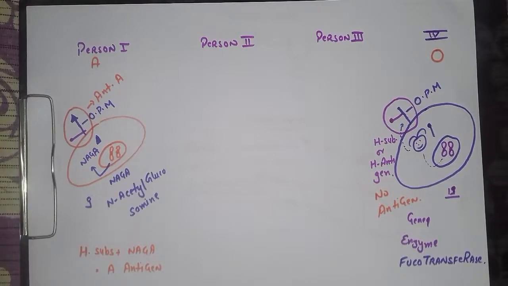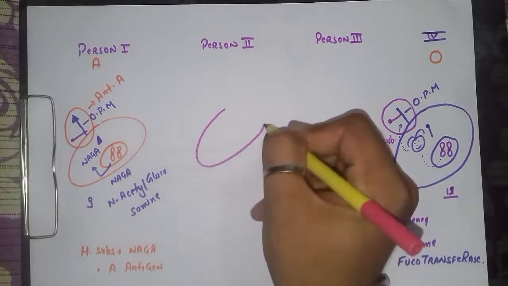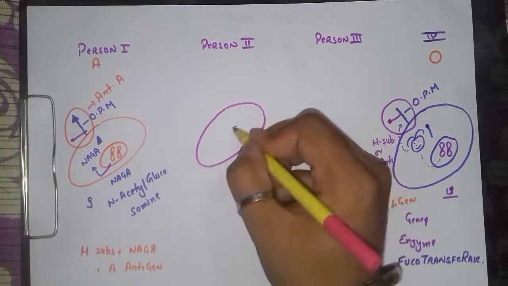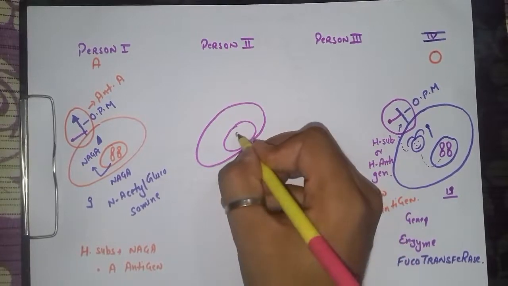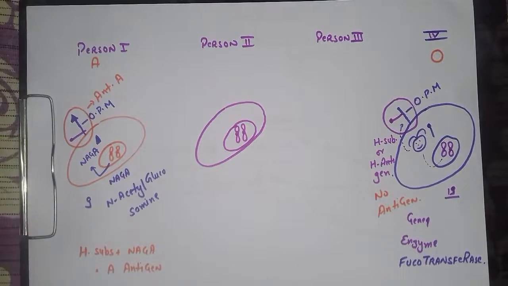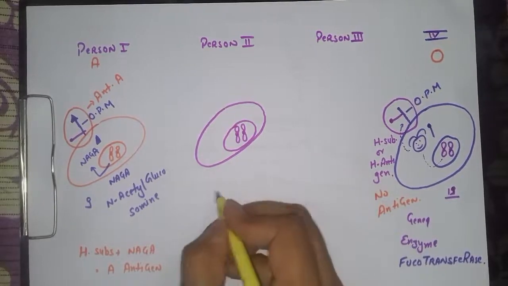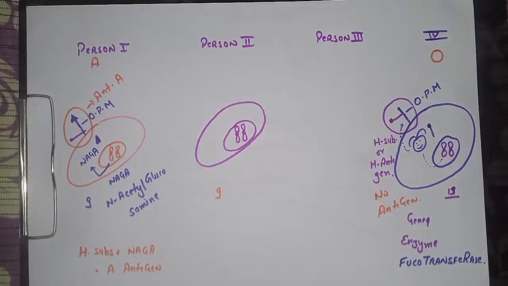Similar case comes with person number 2. Red blood cell, nucleus, chromosome. Now what? Chromosome number 9. A gene is having an allele. Allele means variation of one gene.